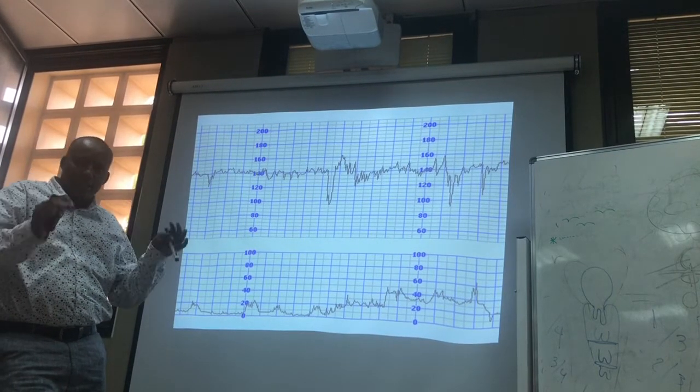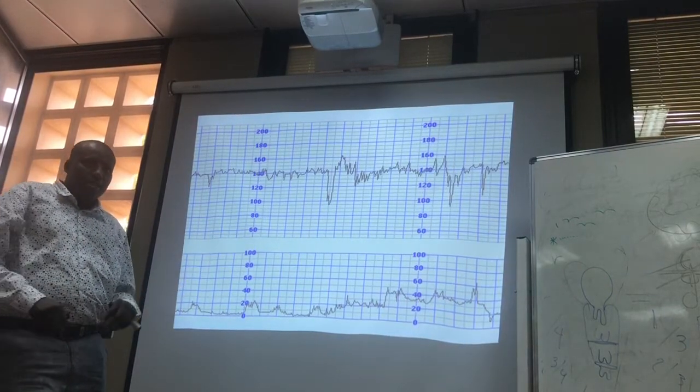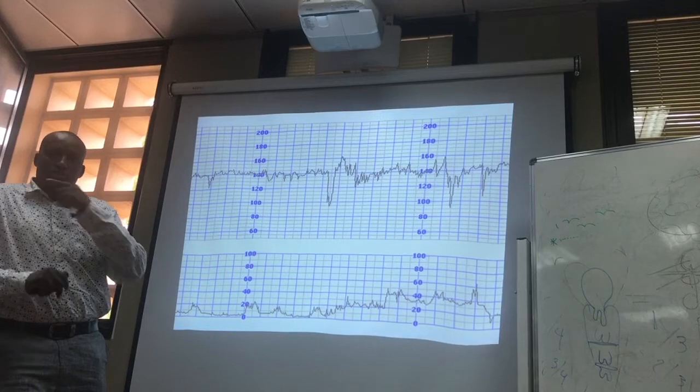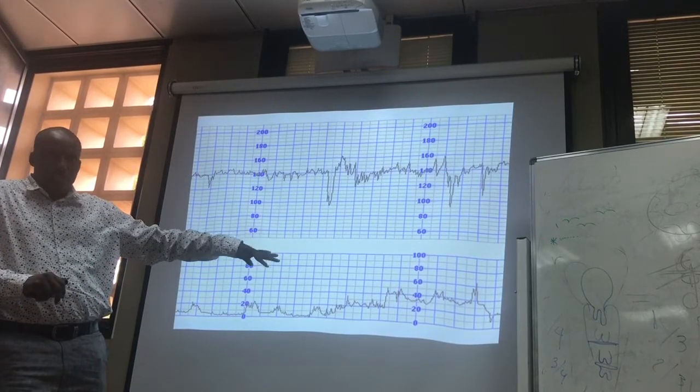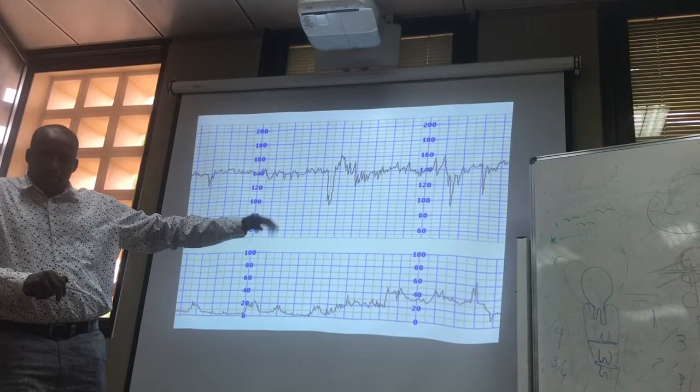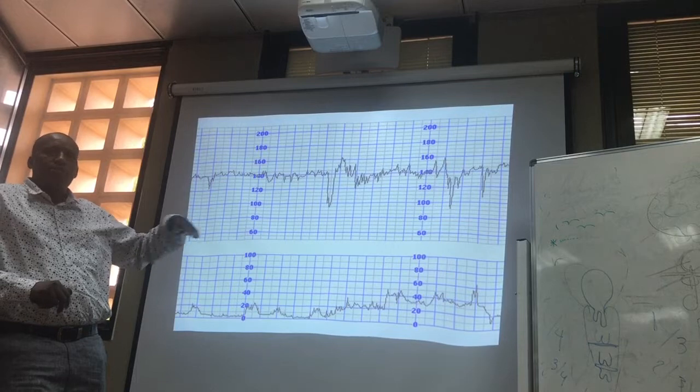There is no such thing as shoulder acceleration. A variable deceleration has shoulders. If it has shoulders we say typical variable; if it doesn't, it's an atypical variable. Forget about it; just say it's a variable deceleration.